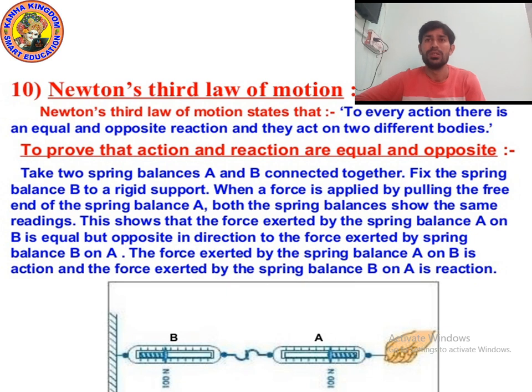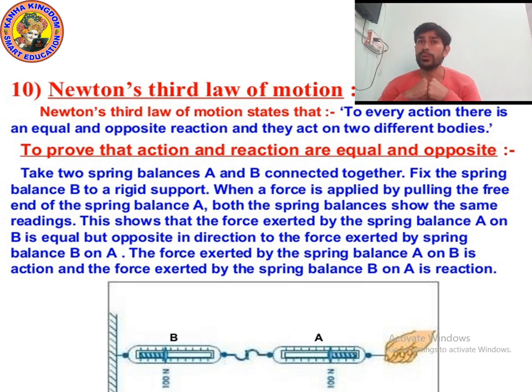So when you pull spring balance A, that time you are applying force, the force applied by spring balance A on spring balance B will be equal but opposite in direction.